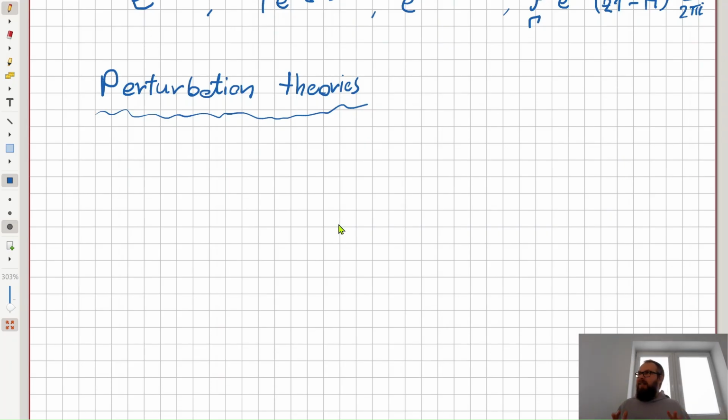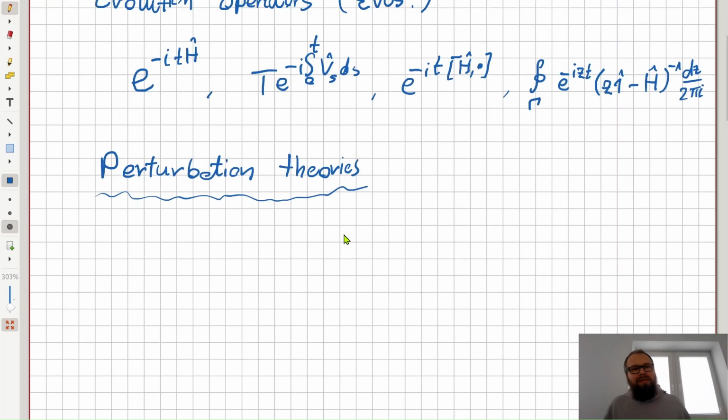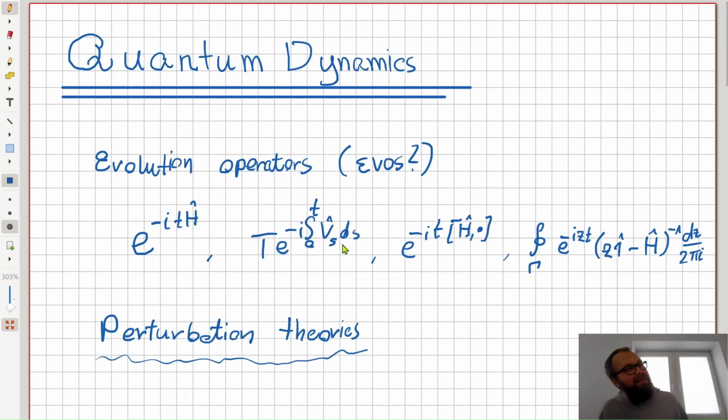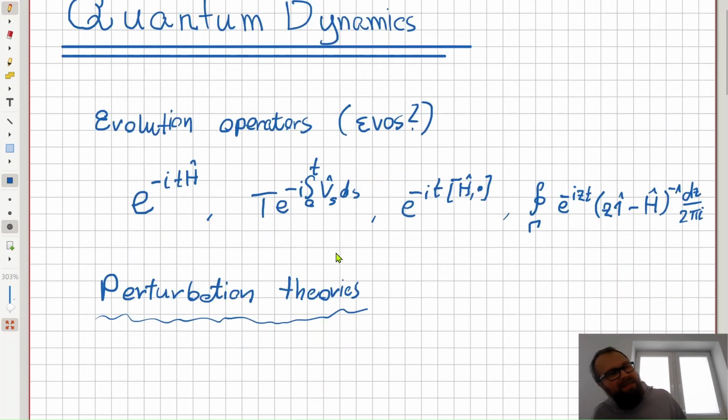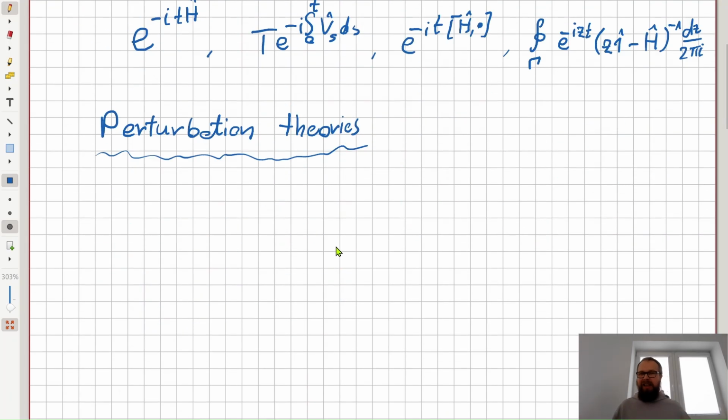When you engage in perturbation theory of some kind, the first thing you do, in a nutshell, is figure out some procedure for generating terms for your perturbation theory.